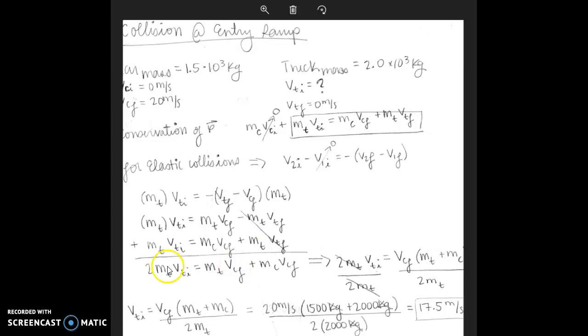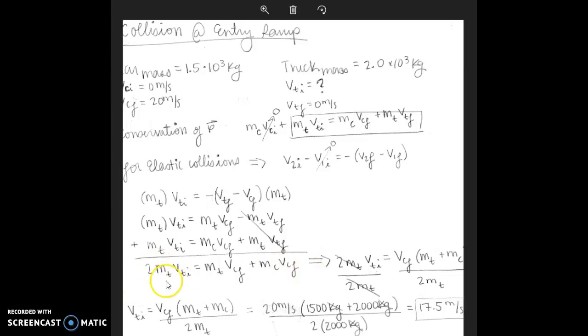Then, to find this net equation down here, we add it to our conservation of momentum equation that we found earlier. That would cancel these two out because it's minus and plus here. Then we combine the mass of the truck, so there's two of those, and the velocity of the truck initial, and we're left with this net equation.